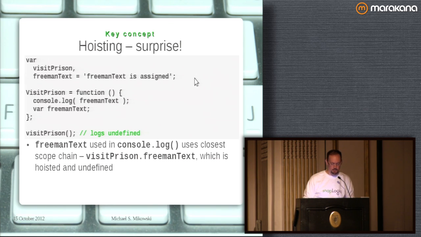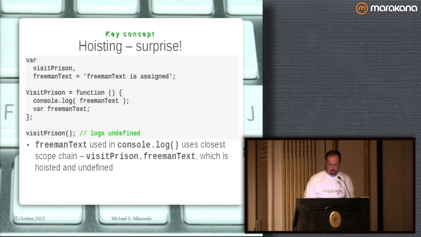No, it's going to give us undefined because the visitPrison inner function looks in its scope chain to find freeman text. It finds a local copy of that variable and uses that, okay?